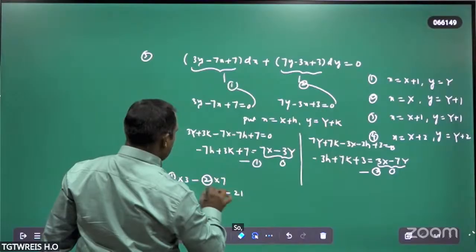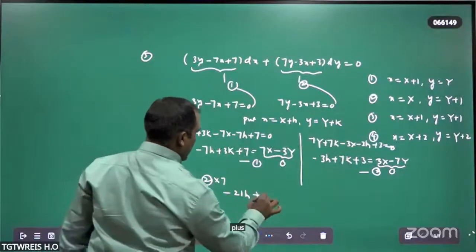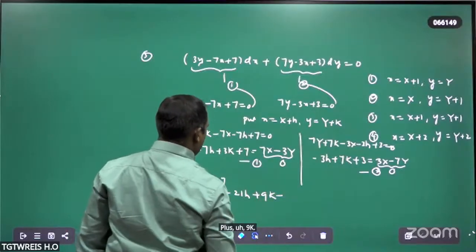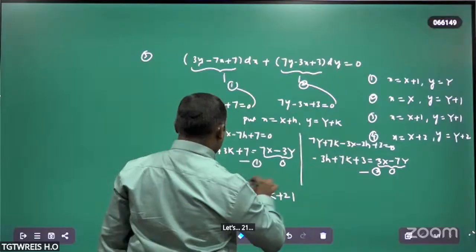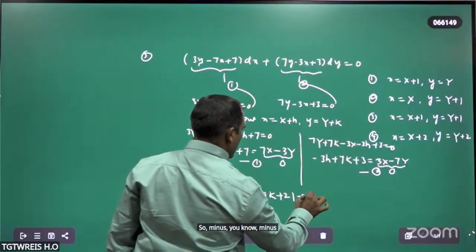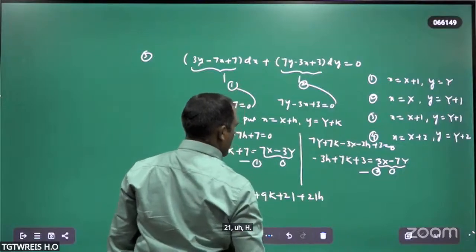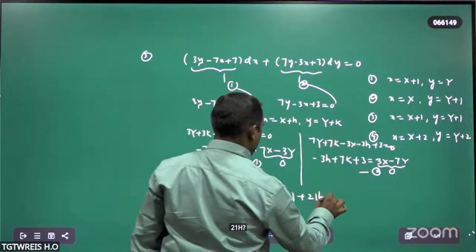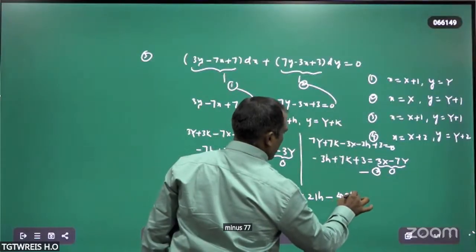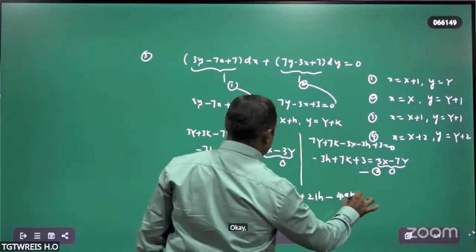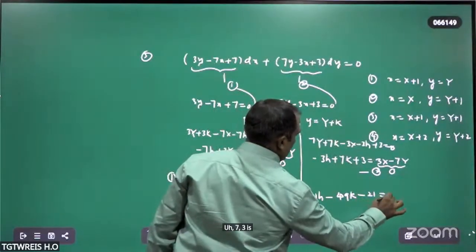Minus 21h plus 9k plus 21. Minus into minus is plus 21h, plus minus 7 sevens are 49k. Okay, now plus minus 7 threes are 21, equal to 0.